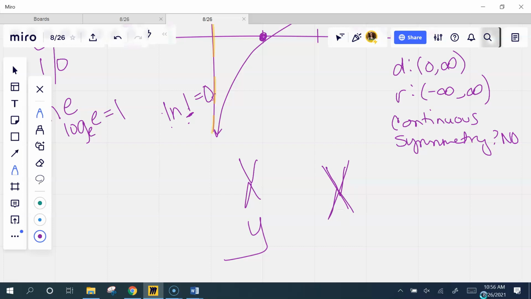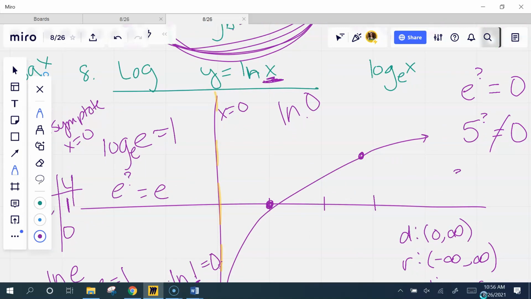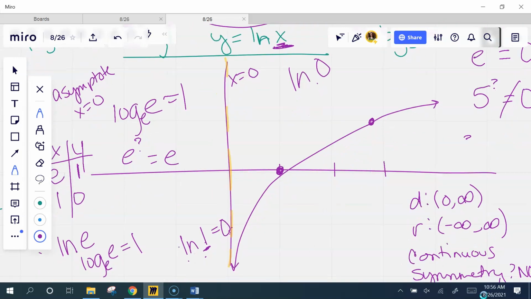They wanted to know if this asymptote was x equals 0 or y equals 0. Name this point. 1. Name this point. What is true at every point on that line? X is always 0 because x equals 0, no matter what y is.